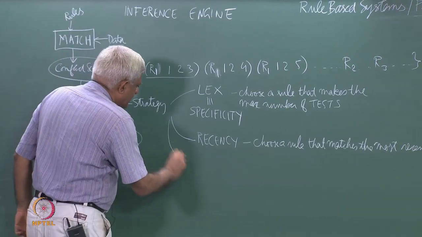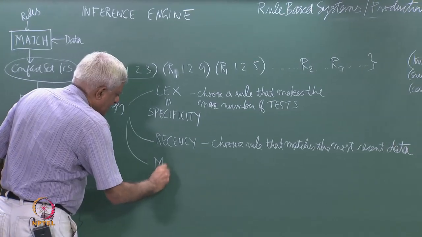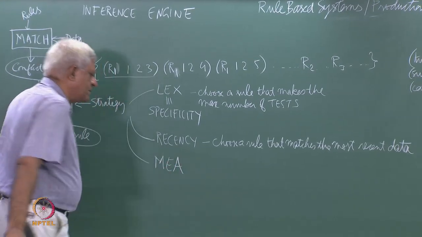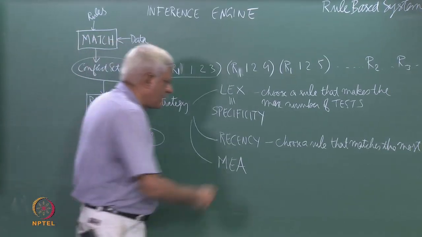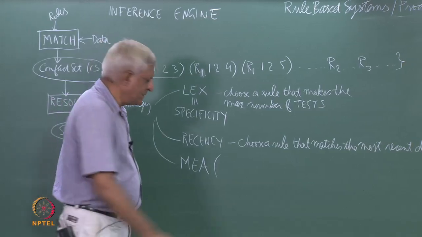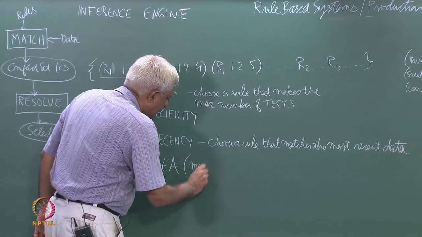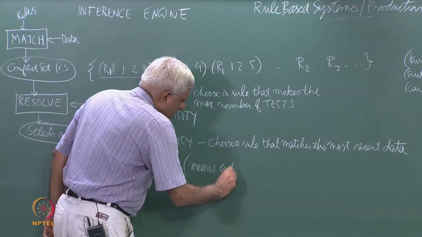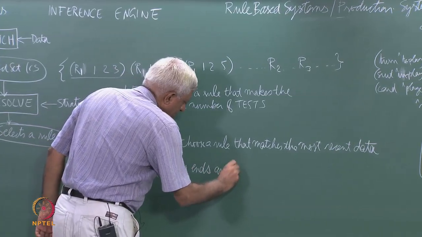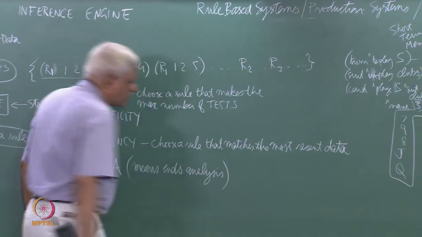There is a third strategy which is called MEA, which stands for means-ends analysis, maybe at some point we will discuss this, which is due to Simon and Newell.